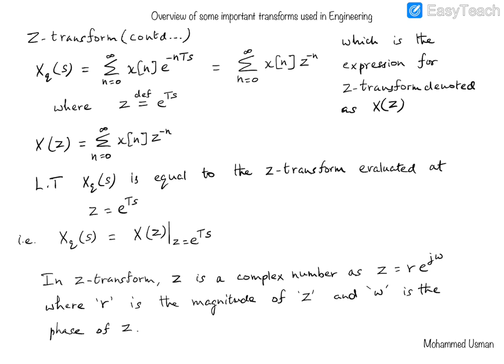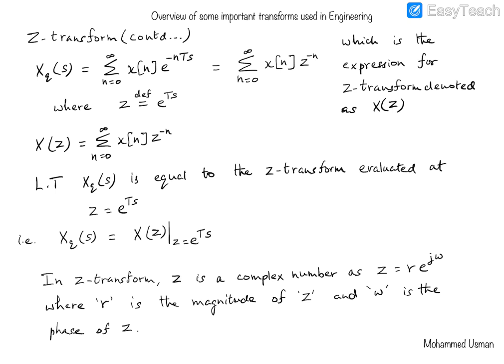After discretizing the signal x of t, we get its discrete equivalent, which we call xq of t, and when we take the Laplace transform, that gives us the Z-transform. So the Laplace transform is the Z-transform evaluated at z equal to e power Ts. This is the relationship between the Laplace transform and the Z-transform.